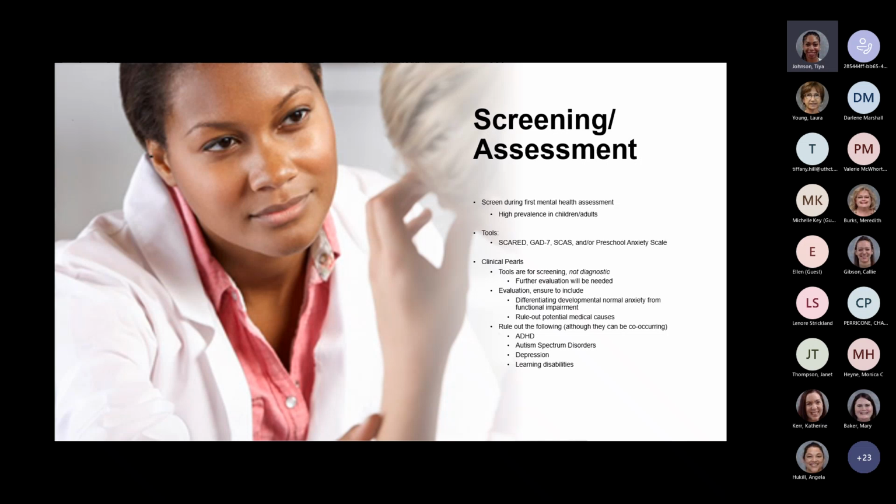All of these are available online for free, and the SCARED and the GAD-7, I believe, are included in the welcome packet of those providers who are enrolled in CPAN.